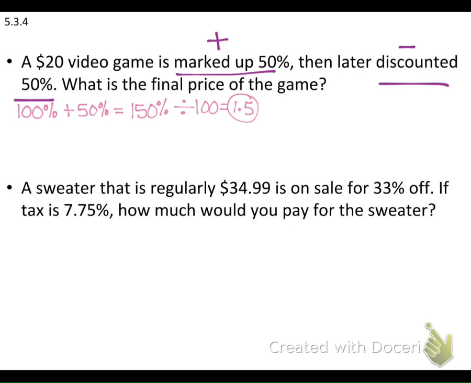So what's my next step I'm going to do? 100%. So I'm going to get my next multiplier. So 100%, that's step 1, minus 50%, which equals 50%. And what do I do with this percent?